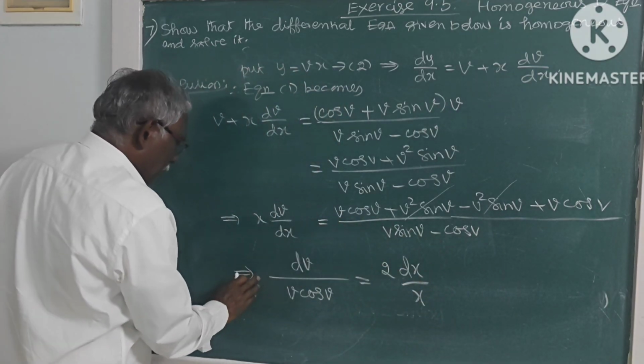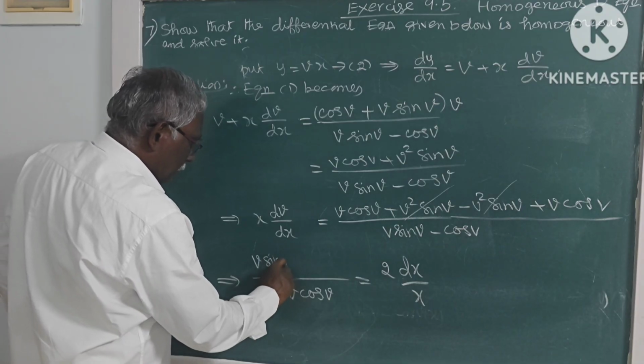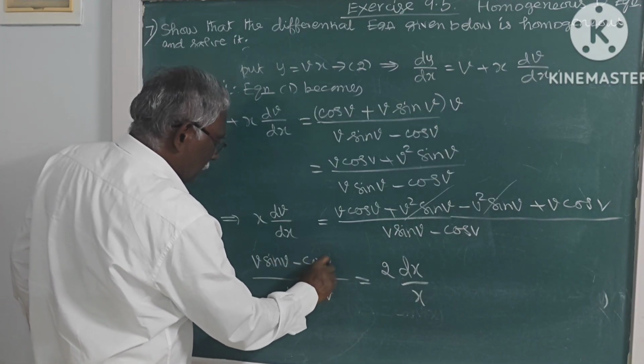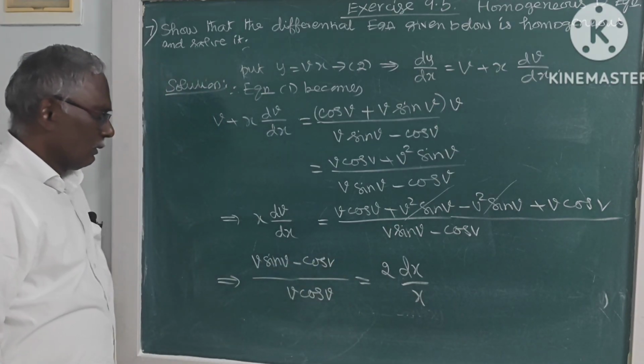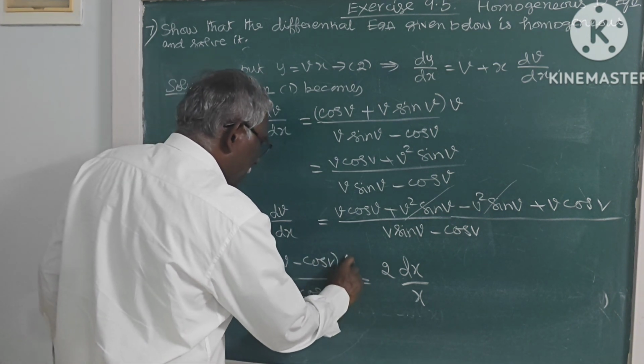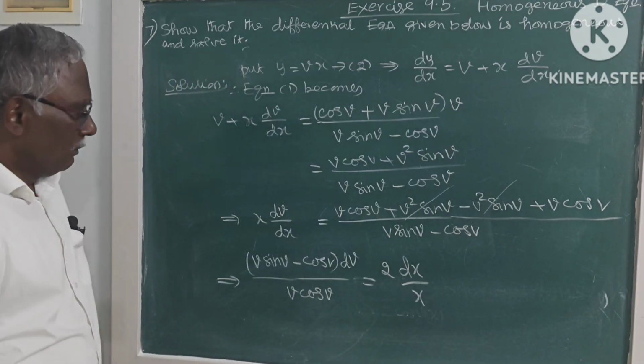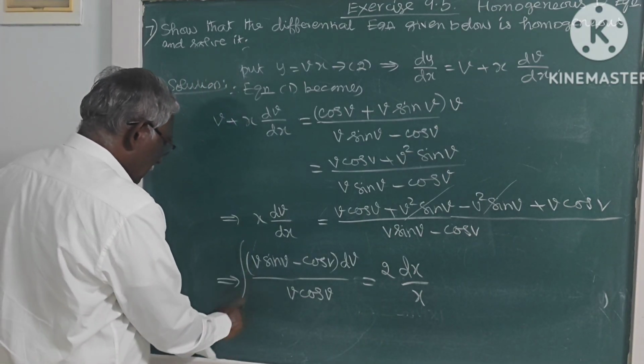This will go to the numerator: cos v into dv. Now we'll integrate on both sides.